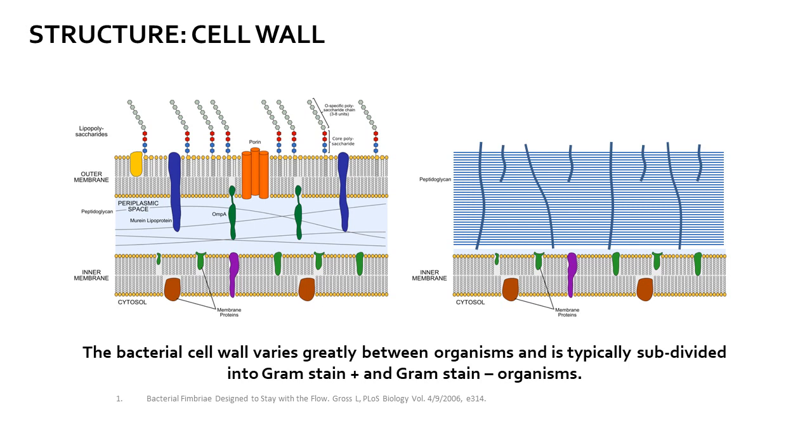The bacterial cell wall greatly varies between organisms and is typically subdivided into gram-positive staining and gram-negative staining. Both types of organisms have an inner membrane comprised of a bilayer of fatty acids, a host of proteins embedded into this membrane, and an outer paramembrane space right above it.